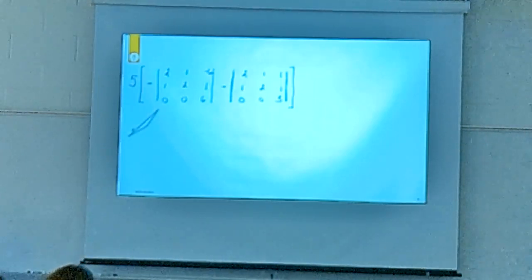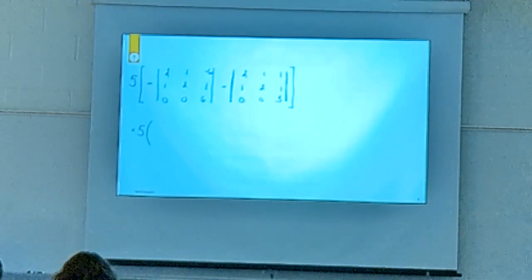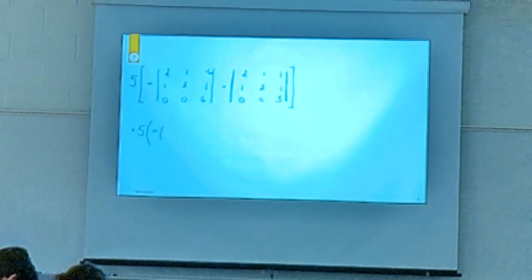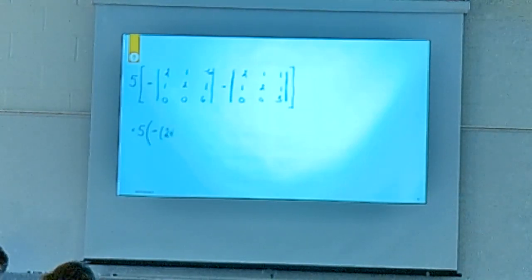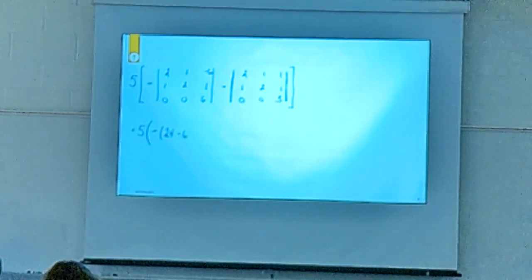Okay, why don't you do that? Remember, it's going to be negative times this whole thing. 2 times 4 times 6 is 24. 0, 0, 0, minus 6, and then 0.